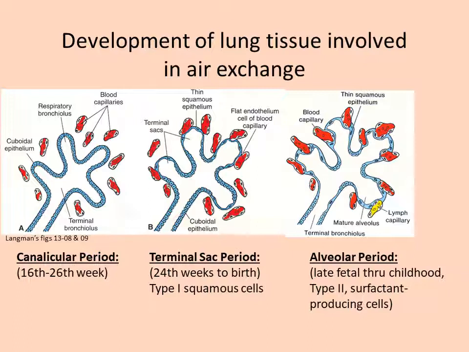Here the vascularization becomes more prominent, some cells become squamous, and surfactant secretion also starts taking place. Type 1 squamous cells are present. And the third is the alveolar period. Here we can see how the blood-air barrier is formed, and type 2 cells become prominent and surfactant production increases.